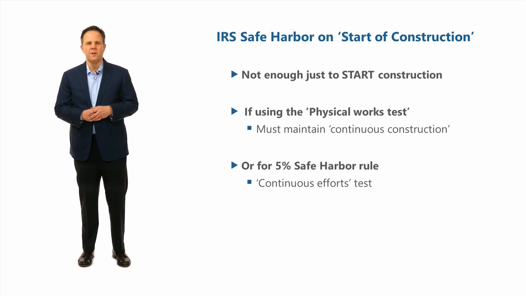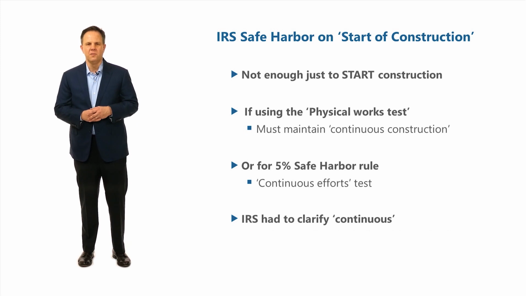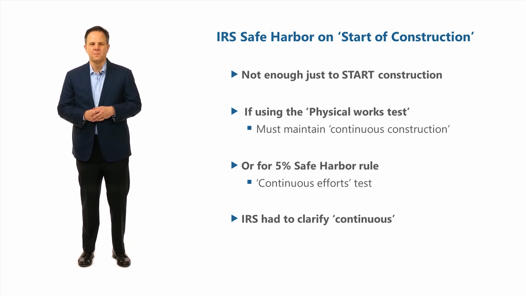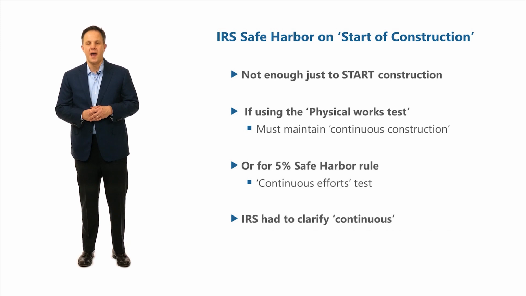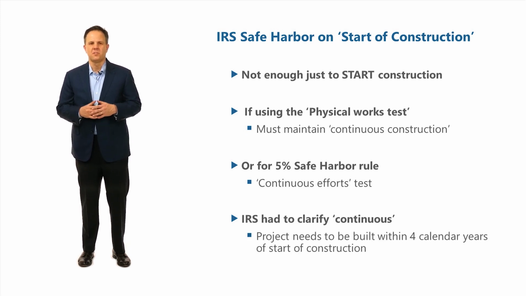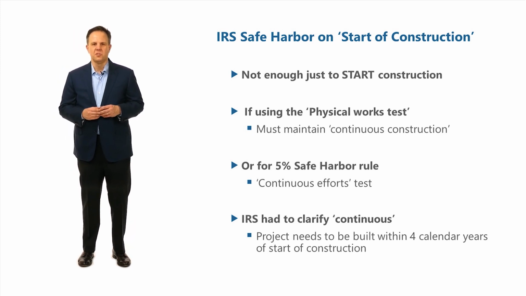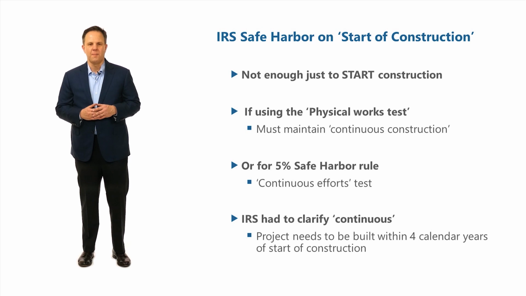Investors were quite concerned about the potential for ambiguity, so the IRS issued guidance establishing a continuity safe harbor. This rule says that you will be deemed to have engaged in continuous efforts provided that the project is built within 4 calendar years after the start of construction. Over the past several years, I've done a tremendous amount of work with developers, assisting them with start of construction strategies and the associated documentation.